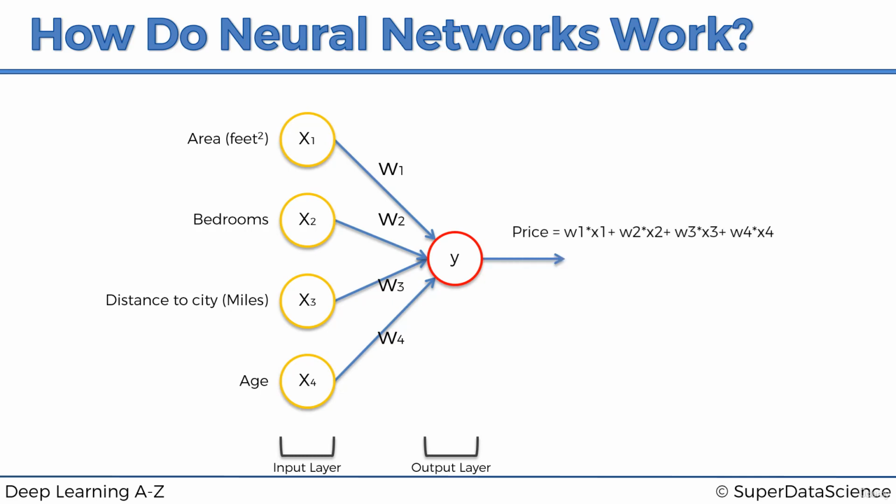For instance, the price could be calculated as simply as the weighted sum of all of the inputs. And again, here you could use pretty much any function. You could use any of the activation functions we had previously. You could use a logistic regression, you could use a squared function, you could use pretty much anything here. But the point is that you get a certain output.